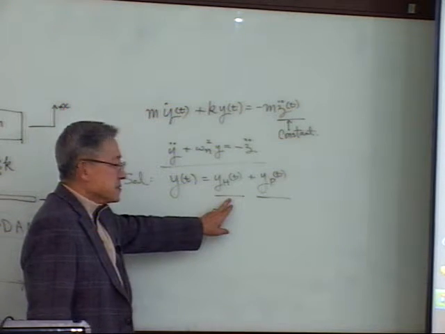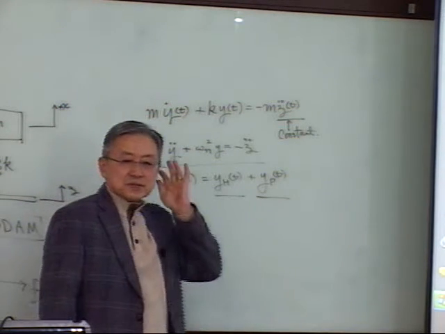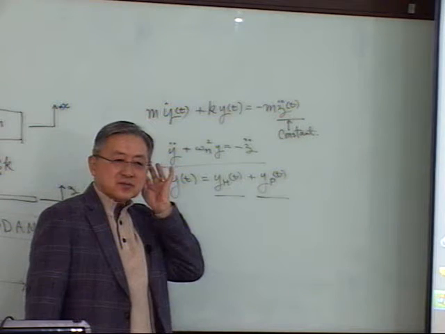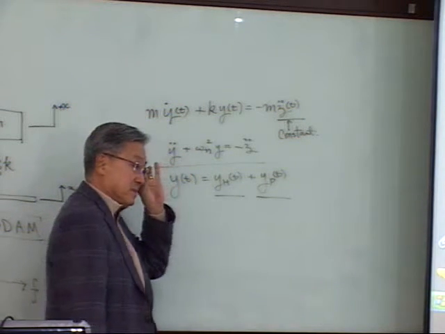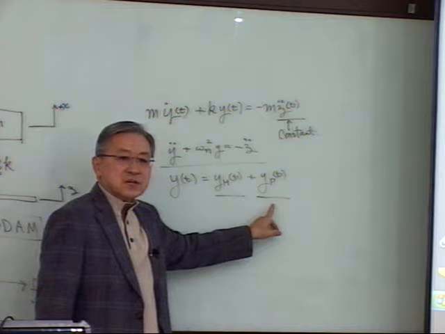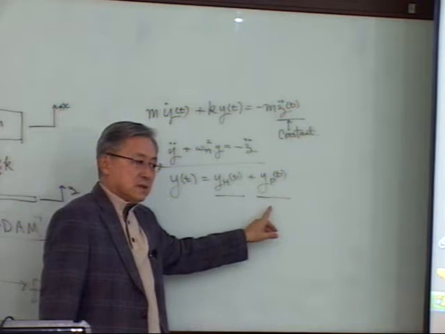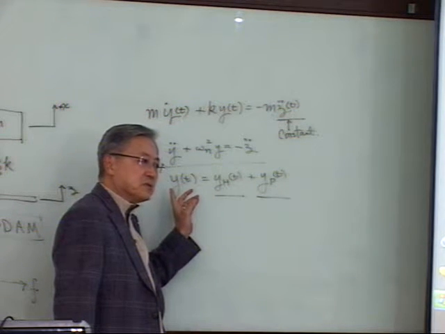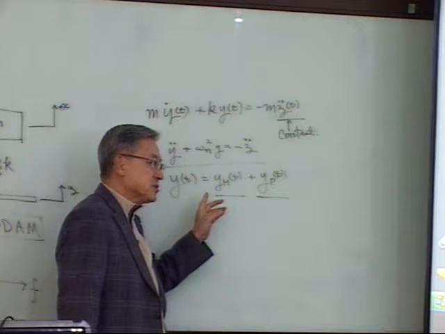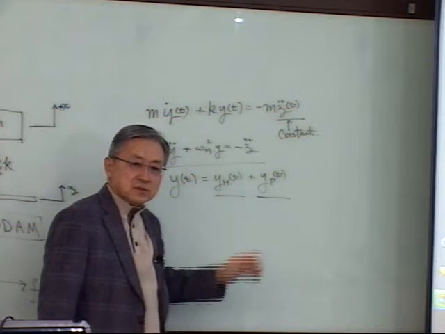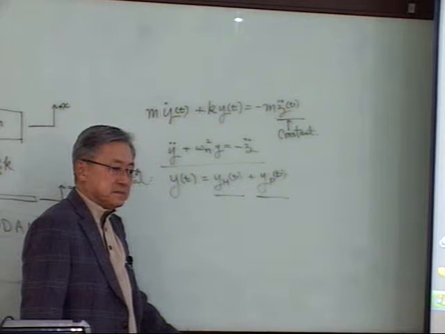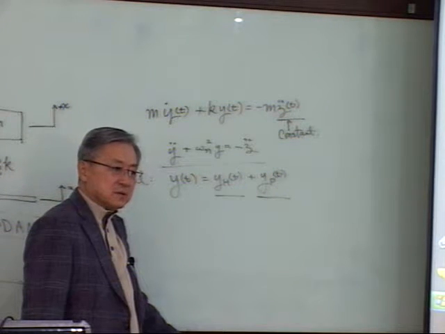This is so-called, in the engineering sense, the transient solution. This is called the steady-state solution. And the general solution is a combination of these two solutions together. Then that's the total solution.